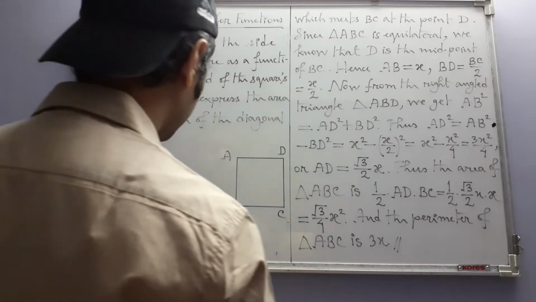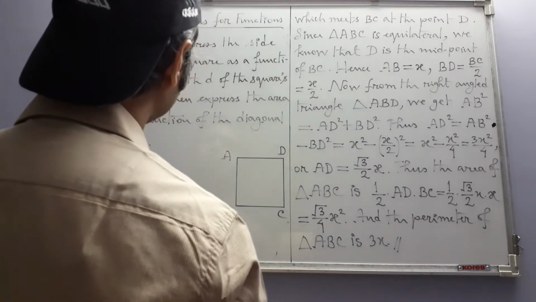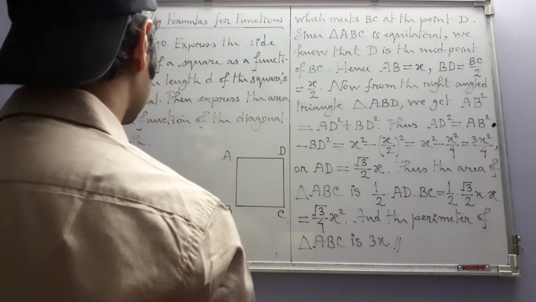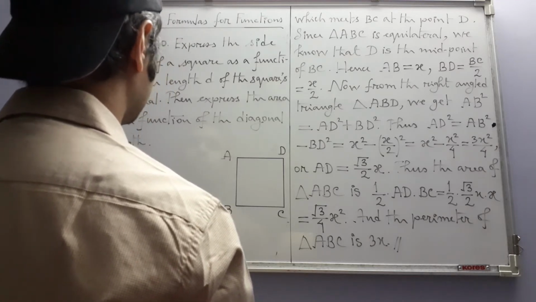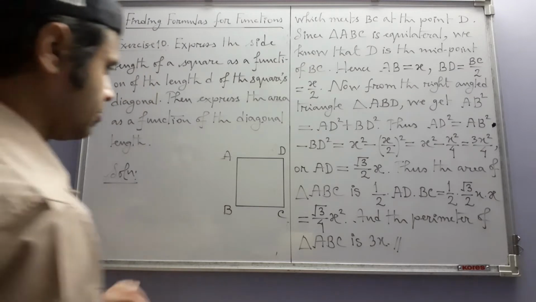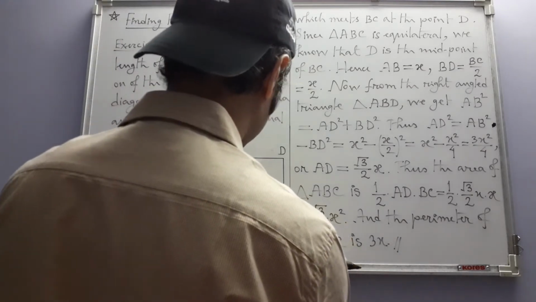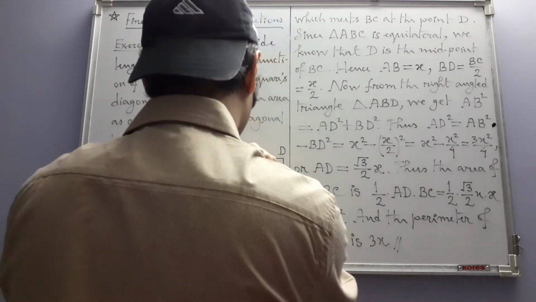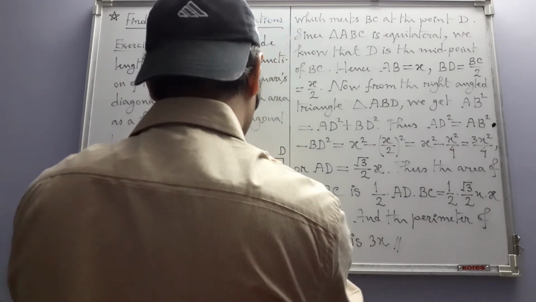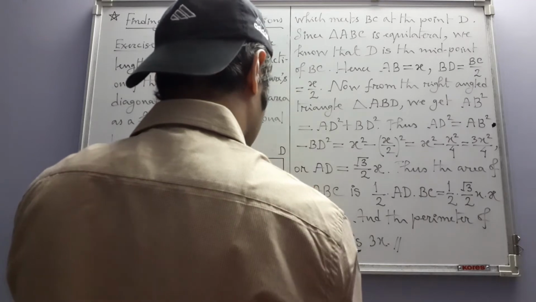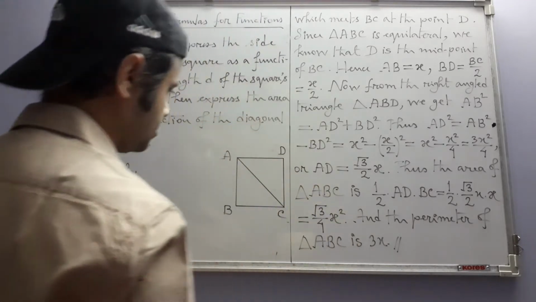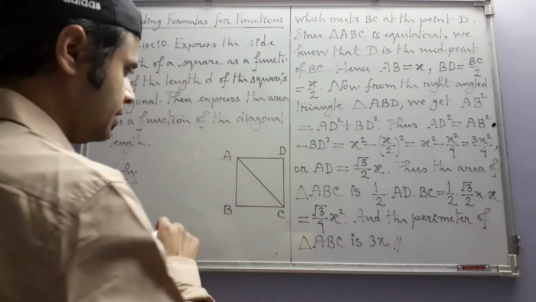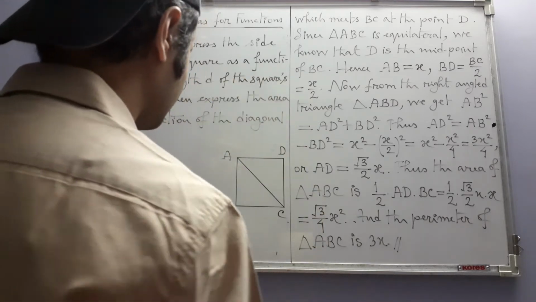Fine. Now what is given? Side length is to be expressed as a function of the length of the square's diagonal. Okay, so diagonal length is given. And since it's a square, both the diagonals are of the same length. So this length is given and it is d. AC is d and BD is also d.